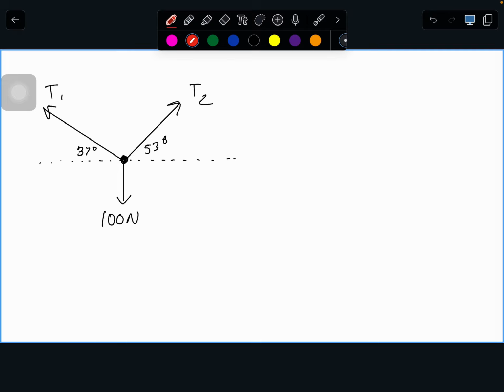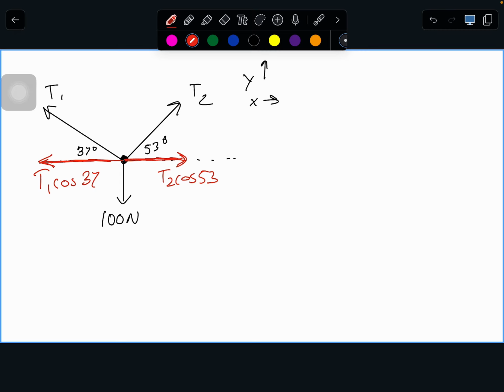Okay, so normal convention, y is straight up, x is that way, and that's the positive direction of each one of those. So we have to resolve these vectors. Those crooked vectors, always resolve them. So if I want to figure out the horizontal components from each of these, and those angles are adjacent, this is going to be T1 cosine 37, and this is T2 cosine 53.